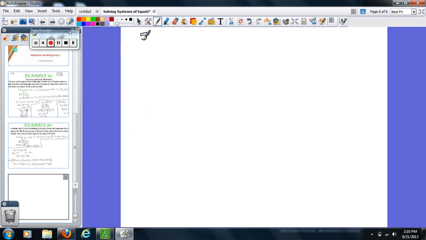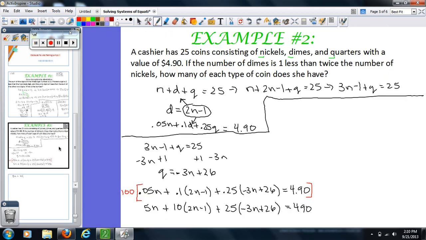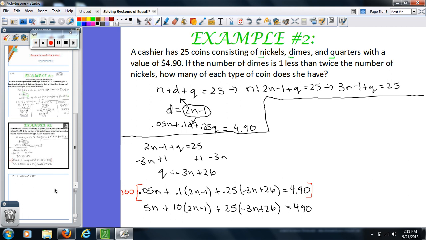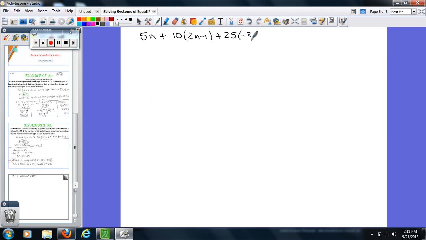So that was 5n plus 10 times 2n minus 1 plus 25 times negative 3n plus 26 equals 490. So now let's go ahead and solve for n, and then just start plugging in where we can.